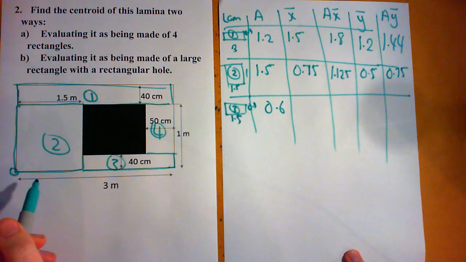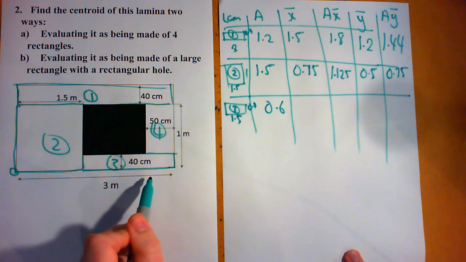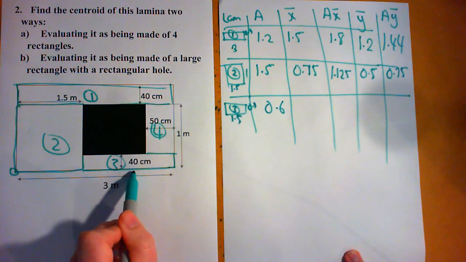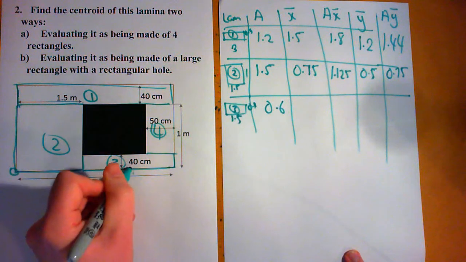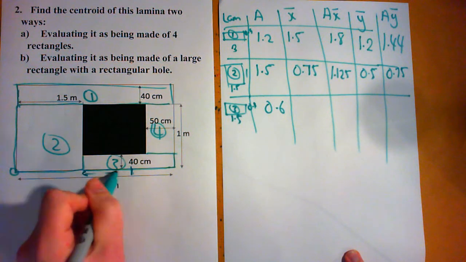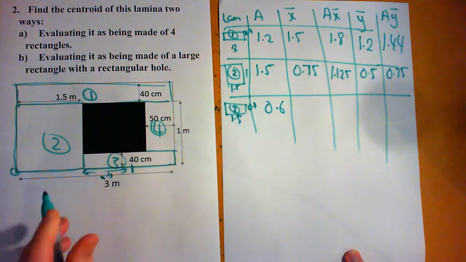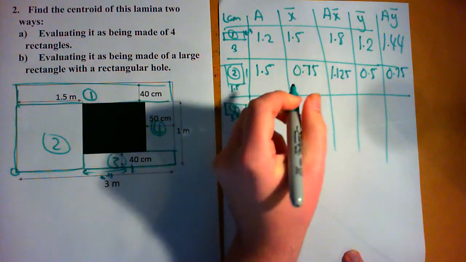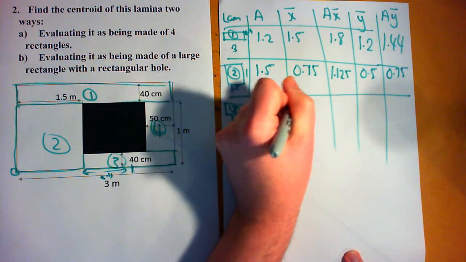So its horizontal centre is half of 1.5, which is 0.75, plus the 1.5, giving you 2.25.